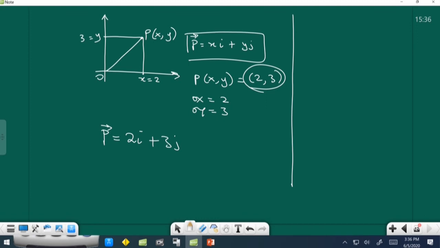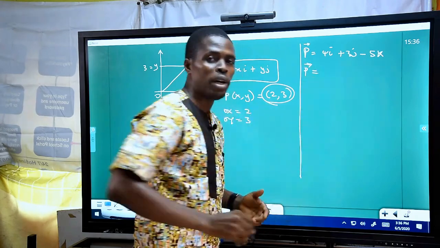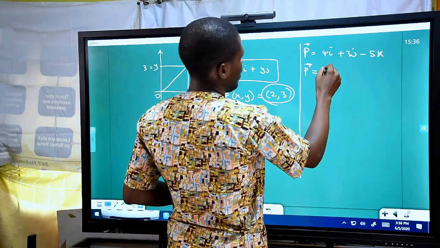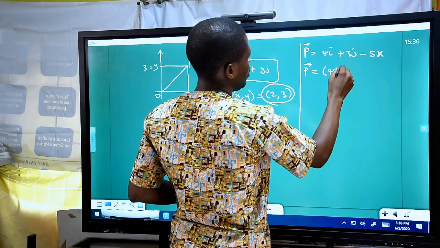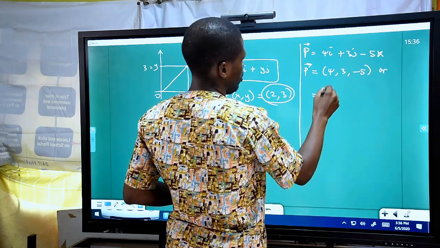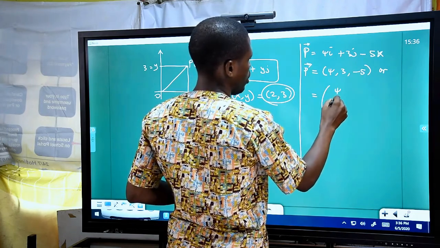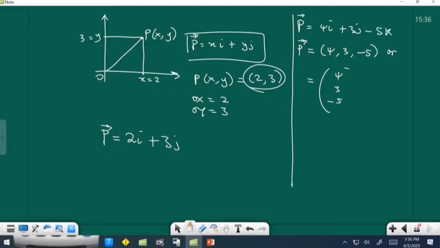So that means if we have something like P vector is equal to 4i plus 3j minus 5k, that means the vector in coordinate geometry form is given by vector 4, 3, minus 5. Or we can also write it in this form. So that means what we have here and what we have here are the same.